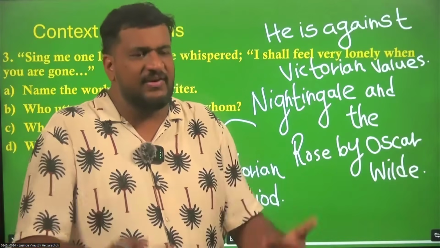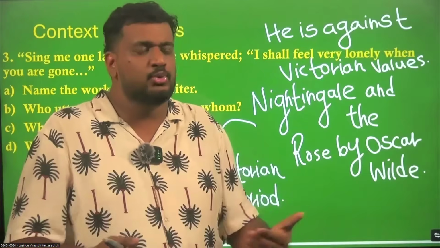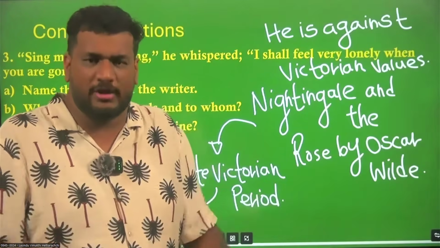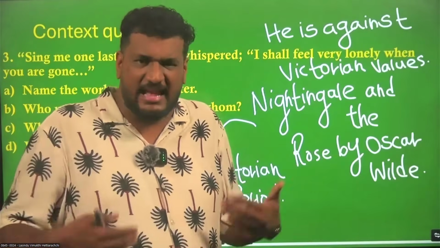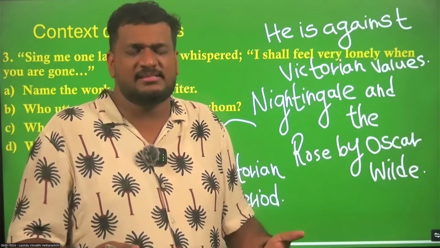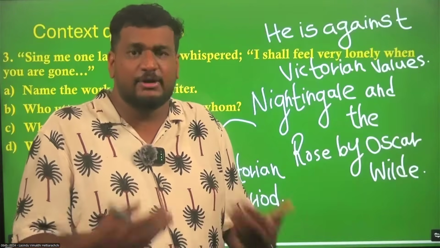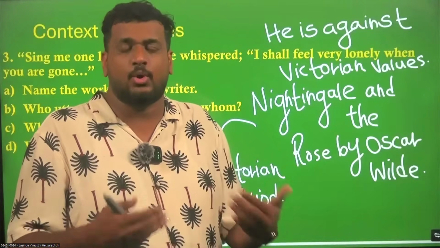The nightingale is sacrificing itself in order to provide a beautiful red rose for the betterment of the boy. There should be a reason. The reason is, I am going to provide the red rose, then this particular boy can go and win his love.